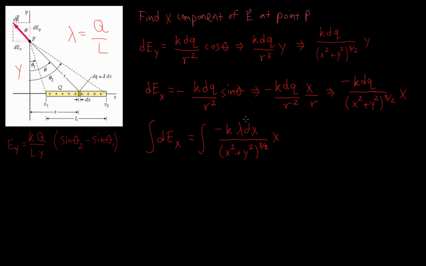And since we're integrating from the starting point, which is x1, and the ending point, which is x2, our bounds of integration are just x equals x1, and the upper bound is x equals x2.